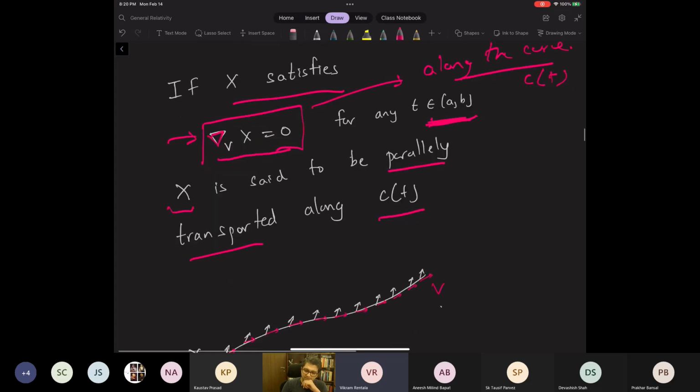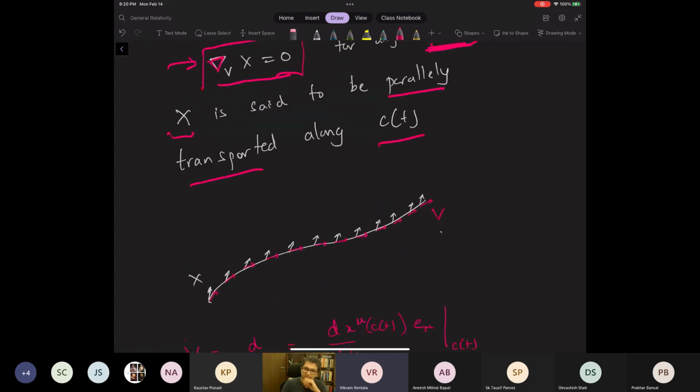So let's intuitively try to understand what that means. Roughly, we've defined a notion of parallel transport. I will represent vectors as parallelly transported as if they're in Euclidean space. Usually we think of a vector like this, and a vector over here should look like this, and over here like this. These vectors are parallel to each other.